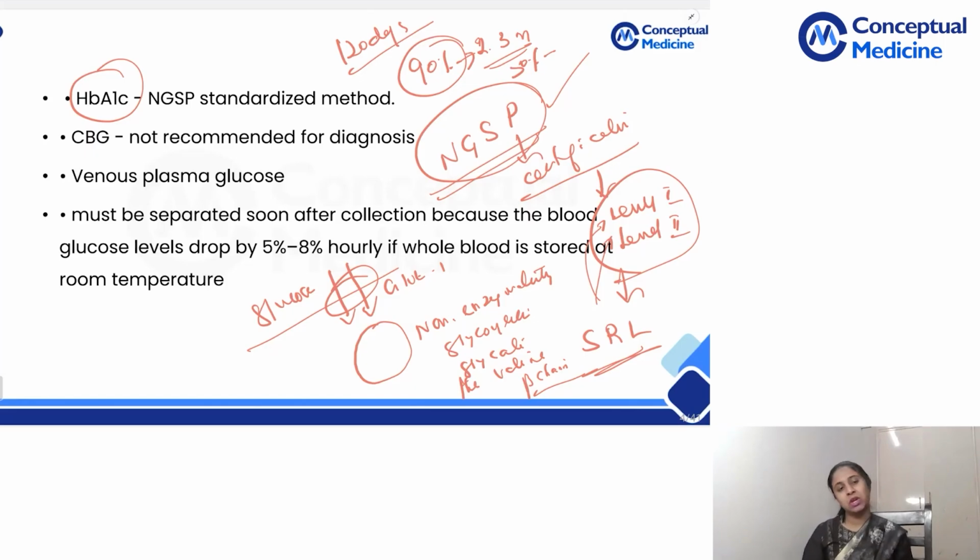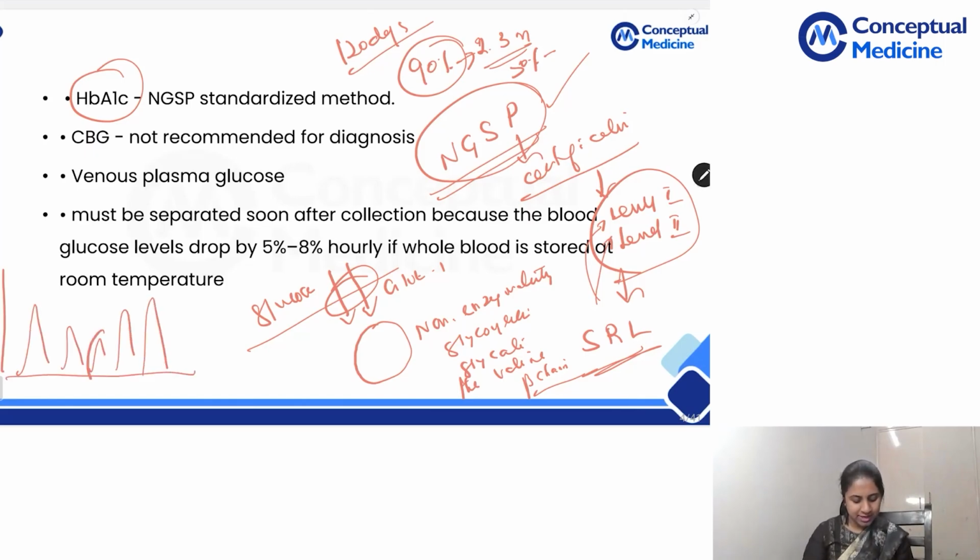Okay, and usually when you look into it, I have already explained in the basics chapter. You may see the graph in an HPLC, high performance liquid chromatography. You will have multiple graphs, labile graphs, stable graphs. In that, the HbA1c graph alone, you will have to look.